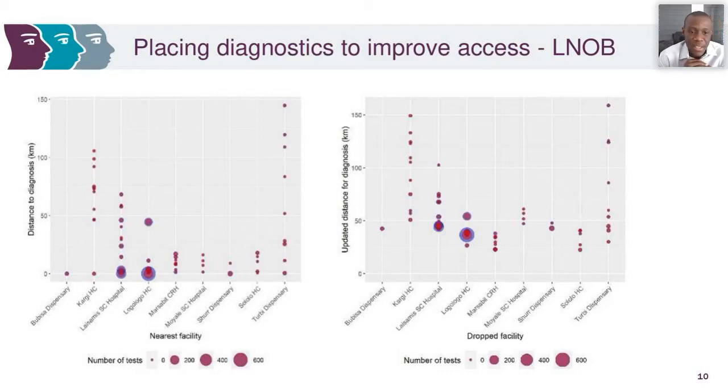However, the decision to keep or to remove a facility has to be made with very good care. If you look at the next plot, you see that by removing this facility, patients have to travel almost 50 more kilometers to get to the next facility before they could access diagnostics and treatment.